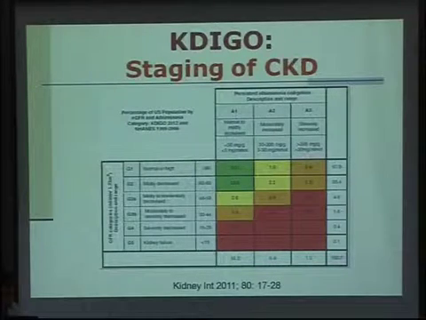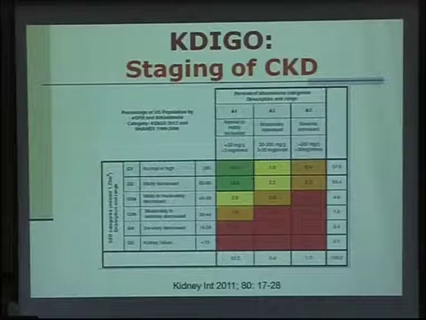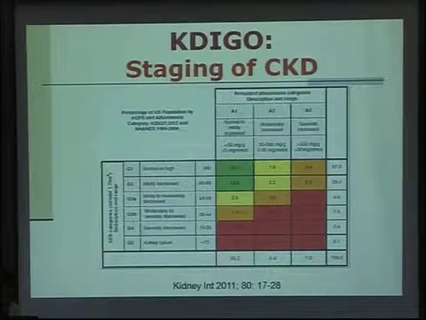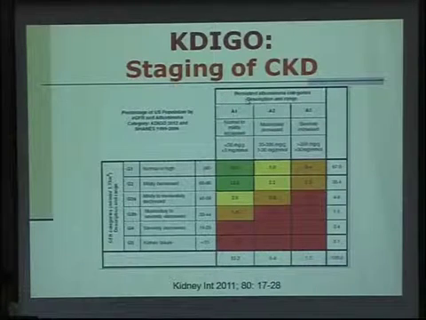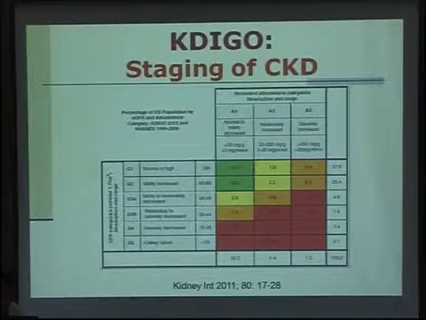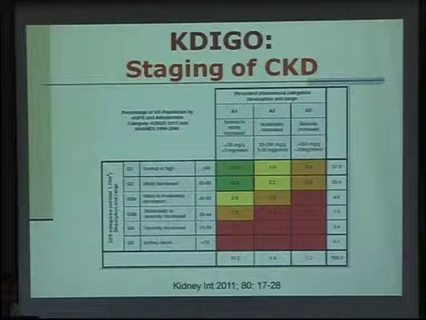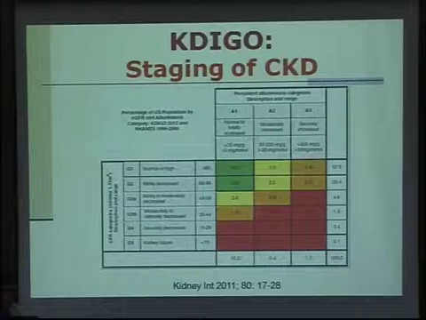So please, one of the messages here: when you have the lab result, look at whether it is milligram per gram or milligram per millimole. If your lab uses milligram per gram, the upper limit for A1 is 30, it should be less than 30. And if the lab uses milligram per millimole, the upper limit is 3. So to say this person is A1, it should be less than 3 milligram albumin per millimole creatinine in urine.